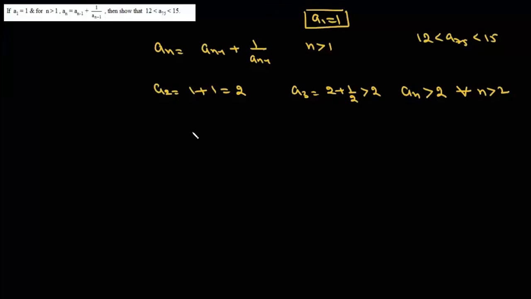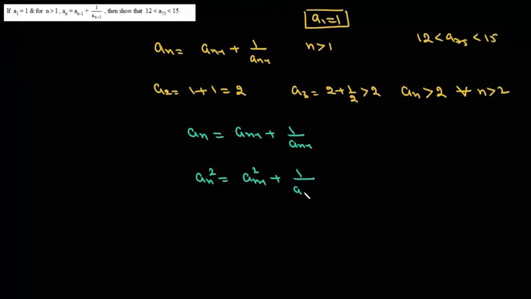Now we look at this given condition. It says an equals an minus 1 plus 1 upon an minus 1. Now if we square it, we can write an square as an minus 1 square plus 1 upon an minus 1 square plus 2.